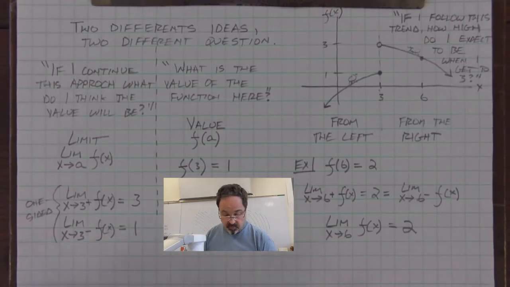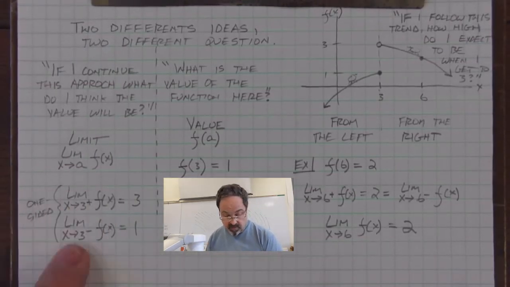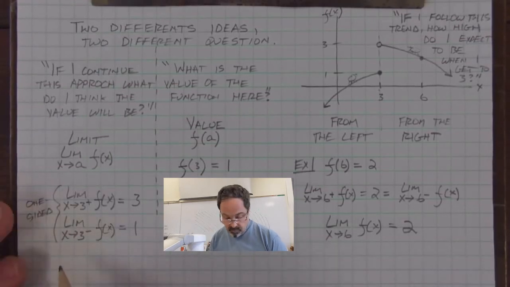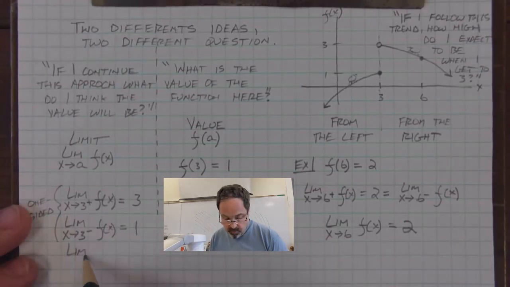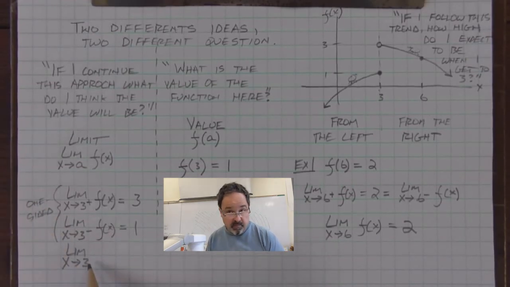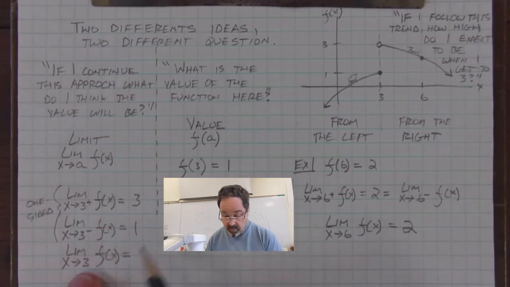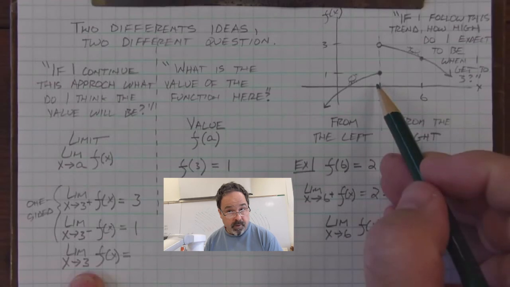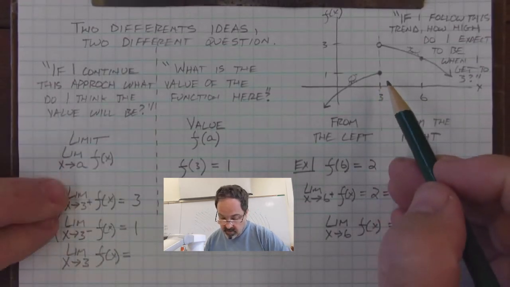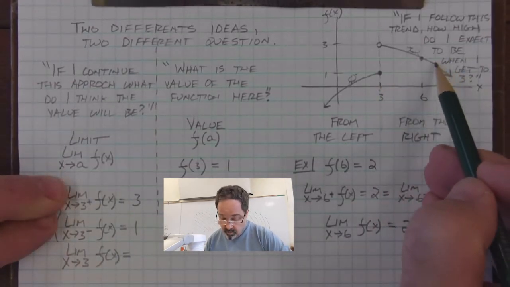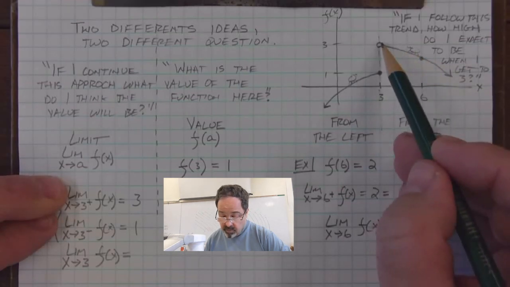Let's go back to our first example. We only have one-sided limits here. If we wrote down and asked the question, what is the limit as x approaches 3, no plus or minus, this is an absolute limit of f of x. What's our answer? It has nothing to do with the closed dot. But we have one-sided limits. One is we think we're going to reach a height of 3.